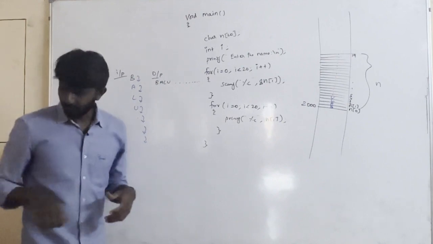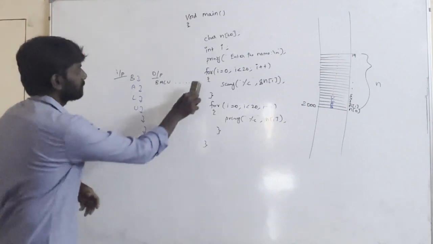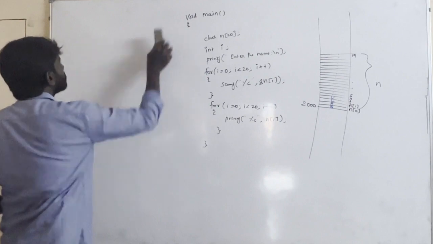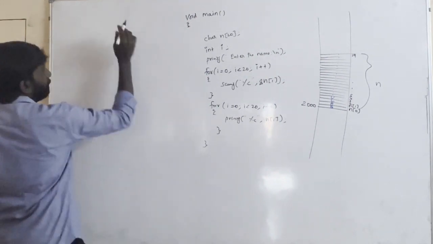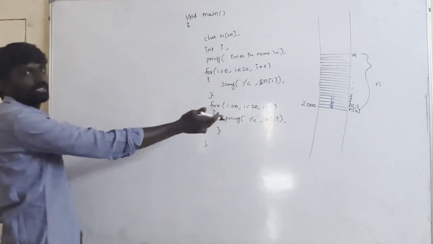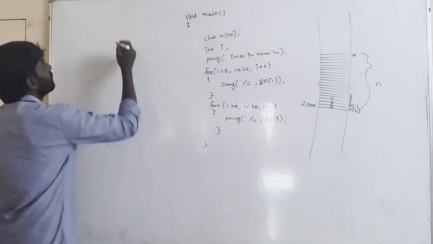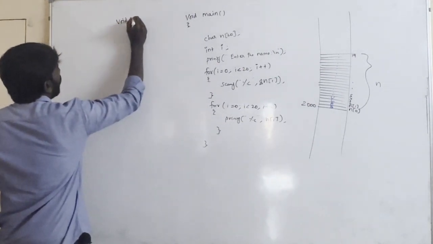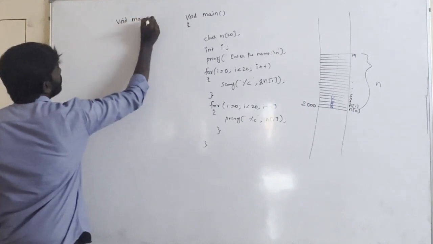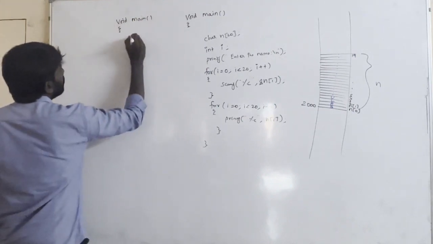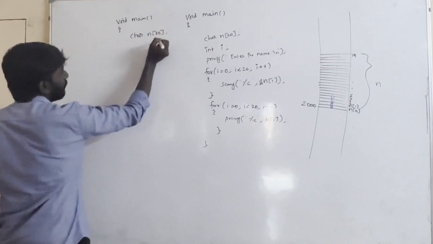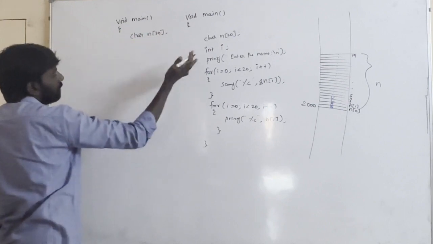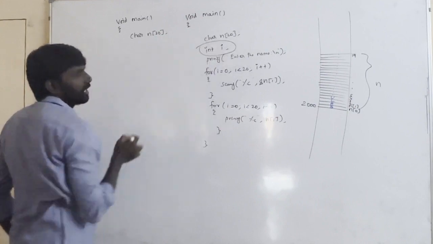Okay, fine. So now let's do the same program with %s. Void main, same character array with size 20, and now I don't think we need this i.